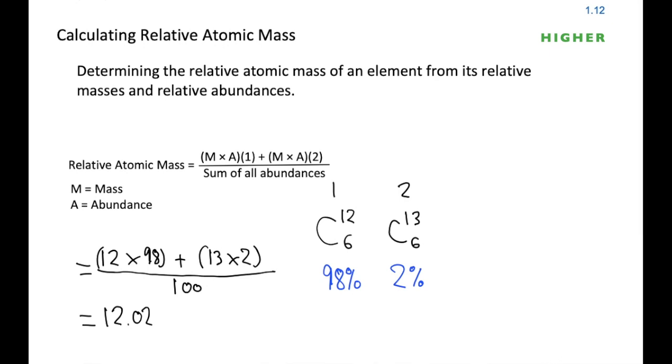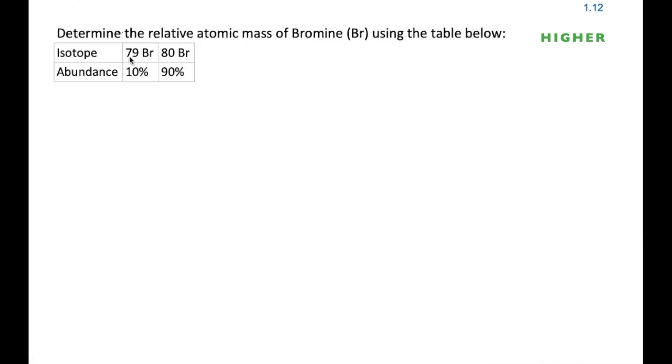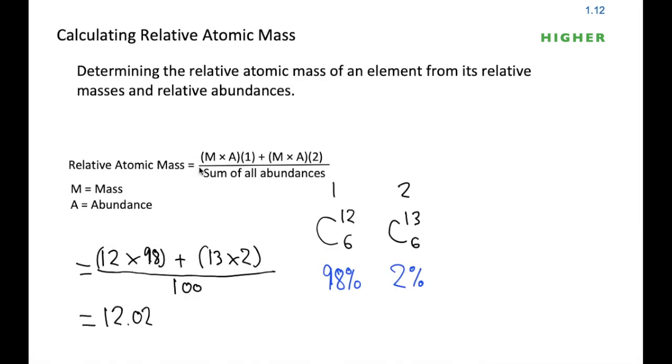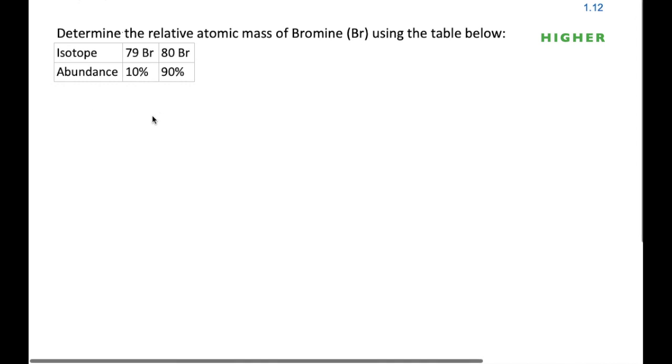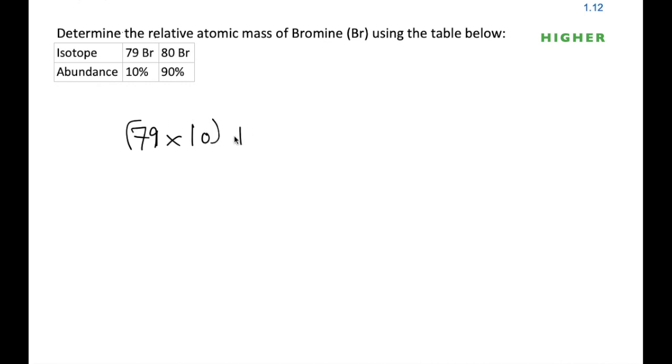So isotope 1 has a mass number of 79 and an abundance of 10%. And if we use the formula, we're multiplying the mass by the abundance of the first isotope. So 79 times 10, and we add this on to the same calculation for the second isotope, the mass number, which is 80, multiplied by the abundance, which is 90%.